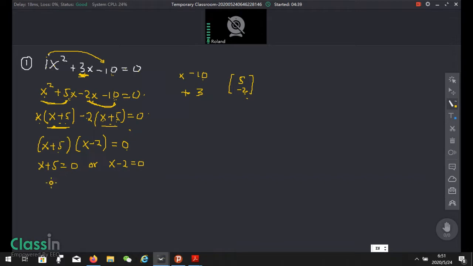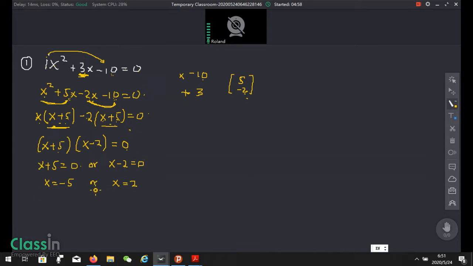If x plus 5 is 0, then clearly x is negative 5, because we can take positive 5 across the equal to sign to become negative. Or if x minus 2 is 0, then x is positive 2, because we can take negative 2 there. So these are the answers.